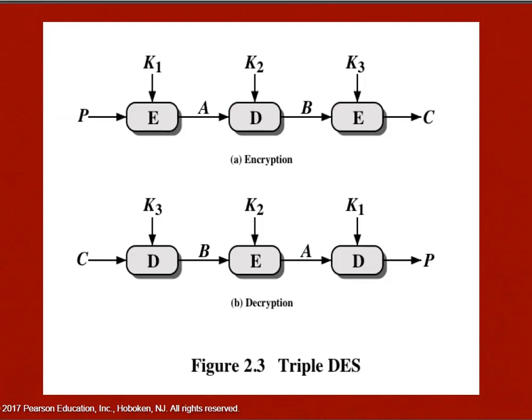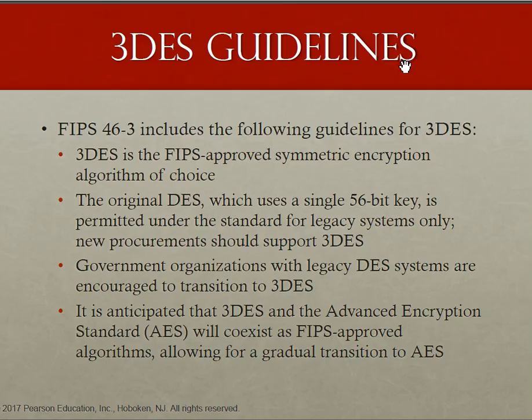Its only advantage is that it allows users of 3DES to decrypt data encrypted by users of the older single DES. That's it. So with 3 distinct keys, 3DES has an effective key length of 168 bits. Okay, that is used for the 3DES.